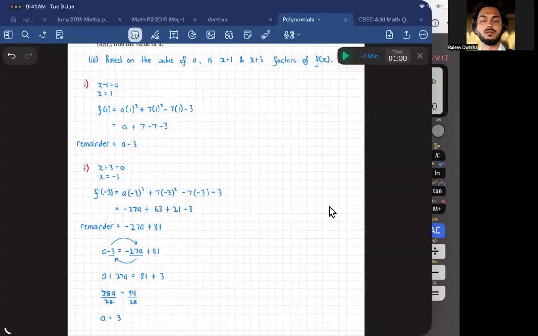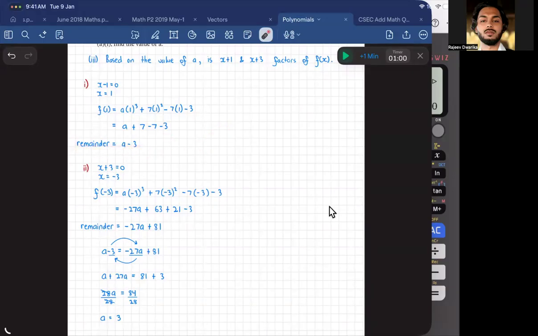If we found a to be 3, what would the remainder be for the first part? Check it out, right? The remainder here, we got a minus 3, so it would be 0. So is x plus 1 a factor? Yes.